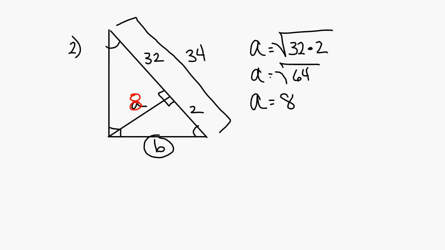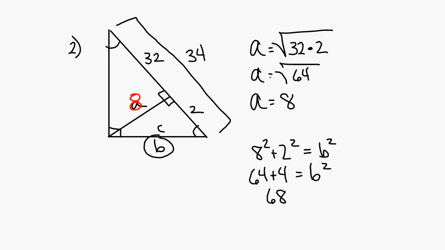Yes. Okay, I'm going to say that to find this hypotenuse, 8 squared plus 2 squared equals, I know it's already labeled B, and C is normally the hypotenuse, but I'm just going to call it B squared. So 64 plus 4 equals b squared. So 68 equals b squared.